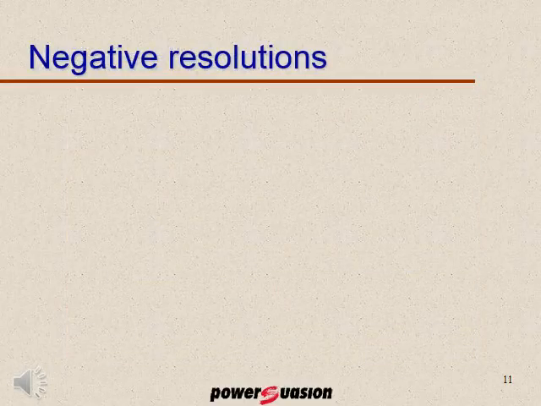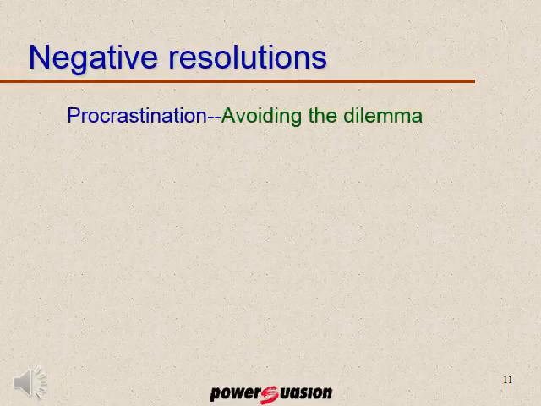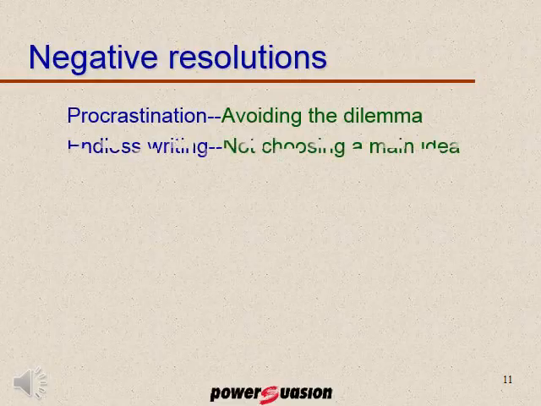As with so many things in life, there is a positive way and a negative way to resolve a dilemma. In this case, the negative resolutions are as follows. First, we procrastinate, which means we avoid the dilemma in its entirety because we simply don't deal with it. Next, we endlessly write because we're not choosing a main idea.